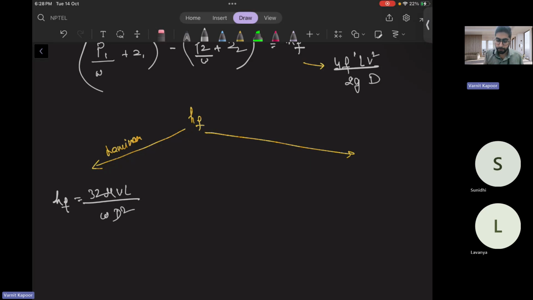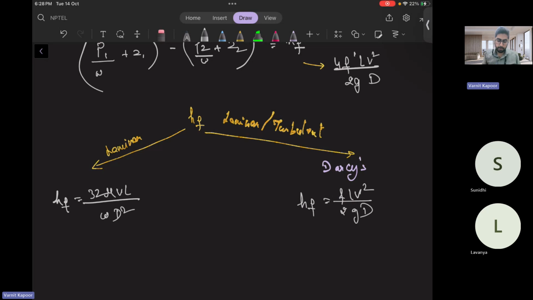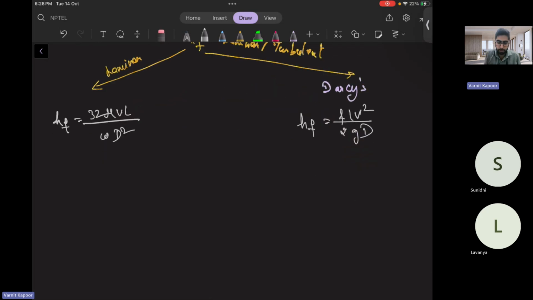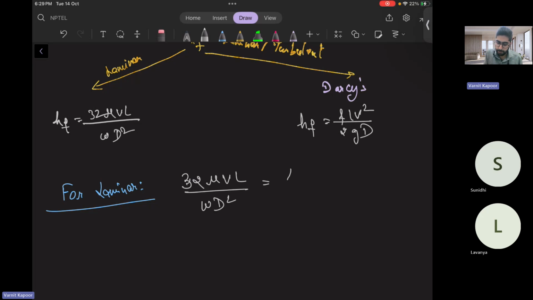And for the general scenario, laminar or turbulent, the relation is Darcy's relation, which is hf equals f L V square by 2 g D. If I compare them for the laminar scenario, both of the above will be equal, that is 32 mu V L by W D square equals f L V square by 2 g D.